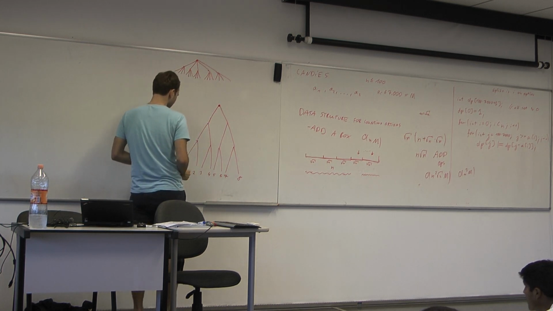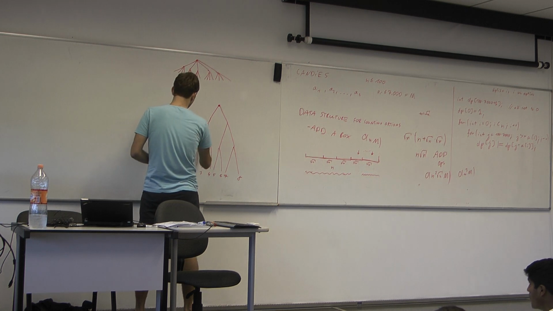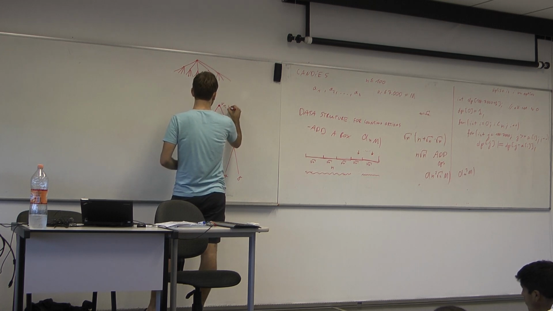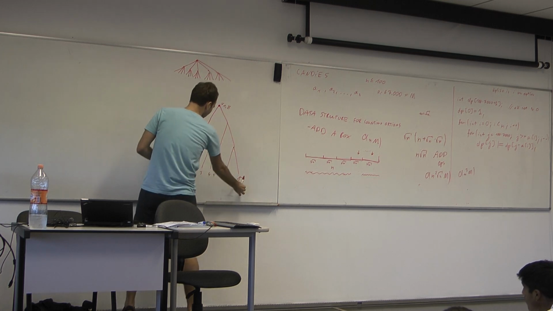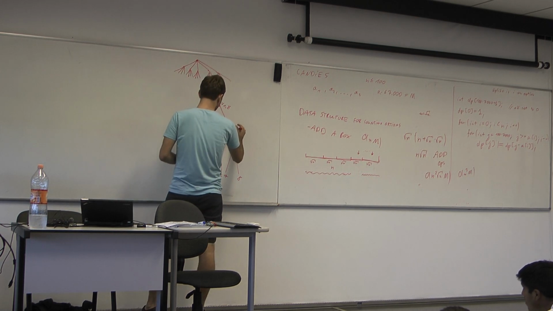Let's call each node by the leaves below it. So this node is V1,2. This node will be V1 to 8, the interval of leaves below it. And this one is V5 to 8.